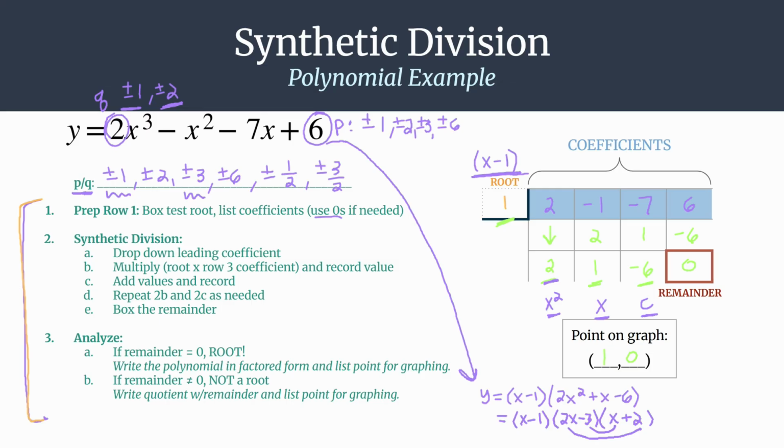We have them in factored form, so we would see it would be 2x minus 3 gives 3/2, and x plus 2 gives -2. So those are all your roots of this polynomial. A cool thing to do, since these are all rational roots, is to look back at your P over Q list, and you can see that all three of these, so 1, 3/2, and -2, were on our P over Q list, our list of rational roots that were possible.